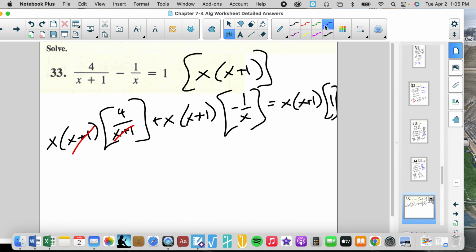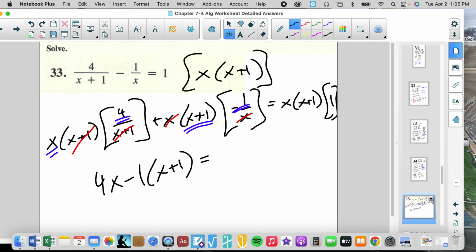You're left with x times 4, which is 4x. You have x cancels with x. You're left with x plus 1 times negative 1. So it's negative 1 times x plus 1 equals, and then we have x times x plus 1.